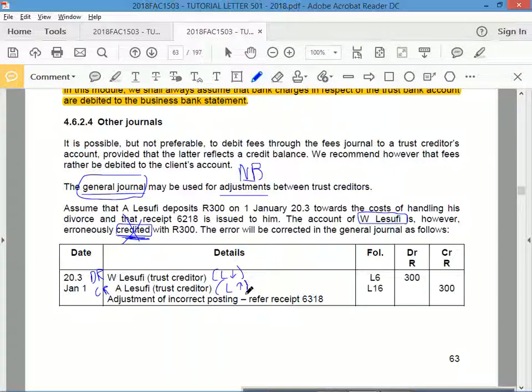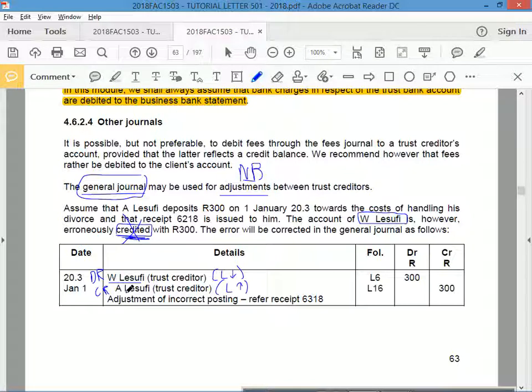So if I interpret this in a different way, a client gives you money, but you credit the wrong client's account. That's what you did. Do you owe W anything? No. So I need to reduce the liability. Do I owe something to A? Yes, and therefore I have to show the liability increase, because right now I haven't shown anything for A.